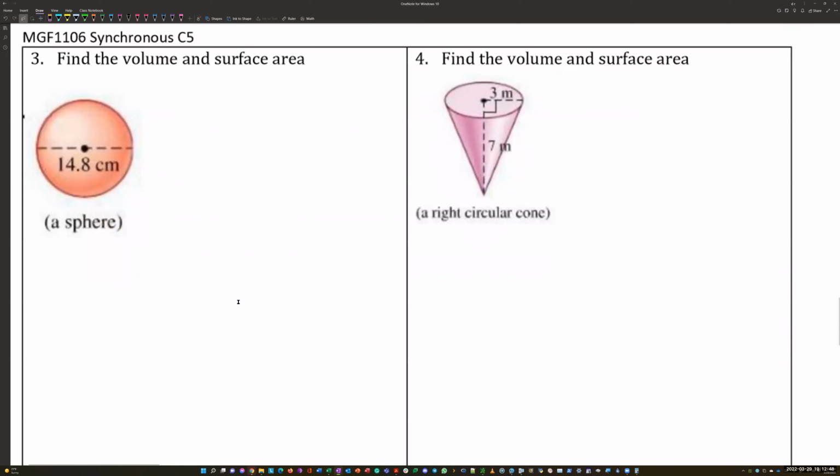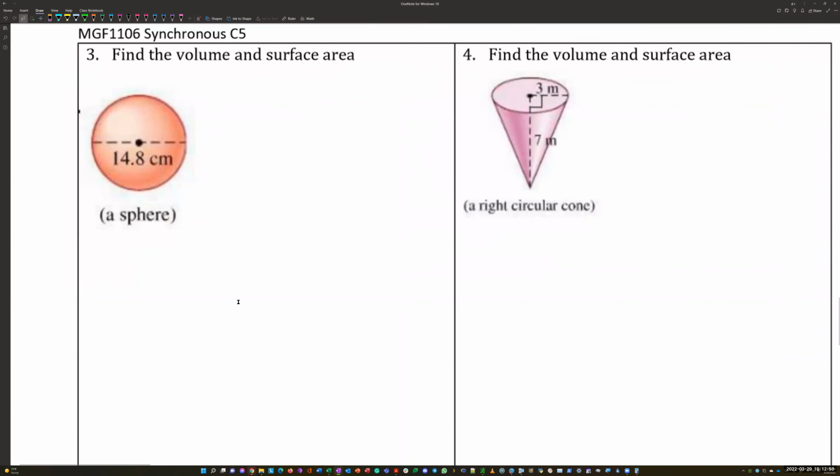All right, find the volume and surface area of this thing. All right, so the volume is 4/3 pi r cubed. The surface area is 4 pi r squared. All right, why don't you do these and then tell me what you get.